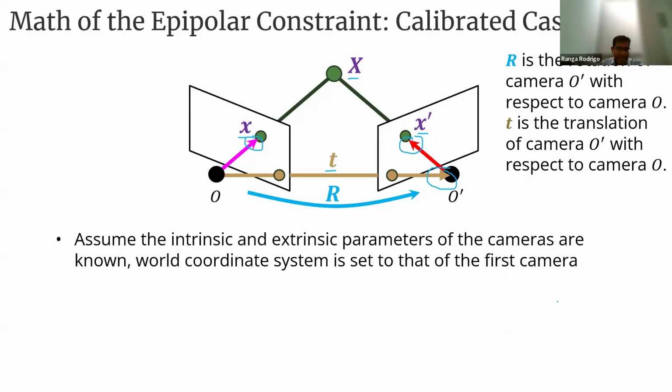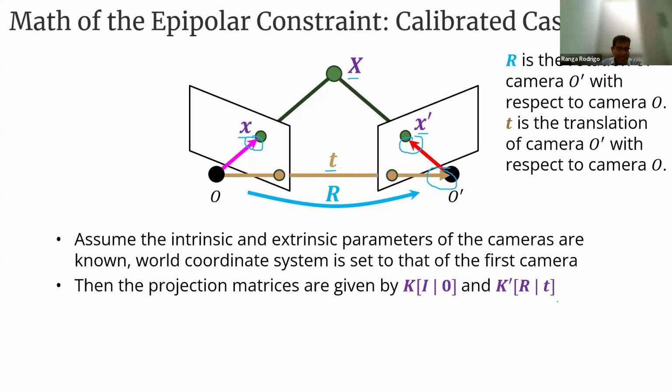Assume that the intrinsic and extrinsic parameters of the cameras are known. The world coordinate system is set to that of the first camera. Then the projection matrices are given by K[I|0]. If the intrinsic camera calibration matrix, the 3 by 3 matrix with focal length and principal point, is K, then this is aligned with the world coordinate system, so the first matrix is the identity matrix.